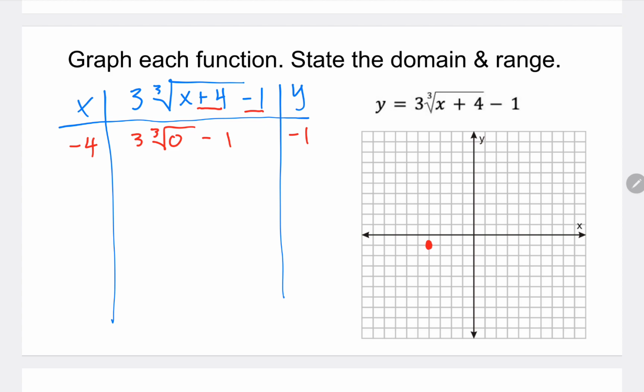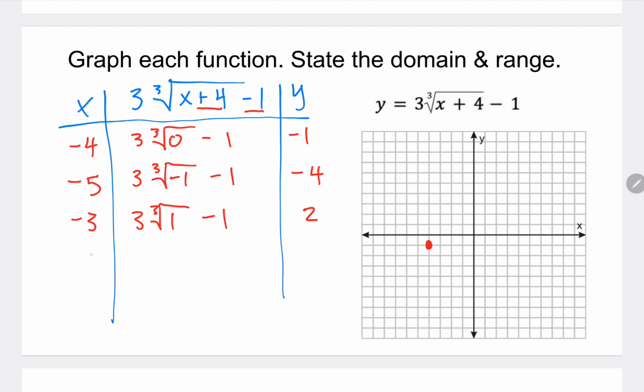So that's a nice anchor point to get me started. If I plug in negative 5, I'm taking the cube root of negative 1, which comes out nicely. If I plug in negative 3, I'm taking the cube root of positive 1, which comes out nicely. I also want the cube root of 8. Those will come out nicely.